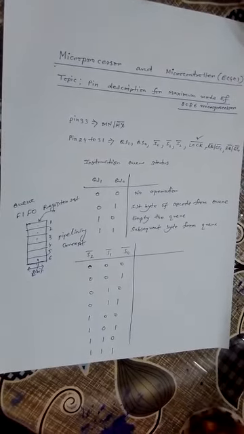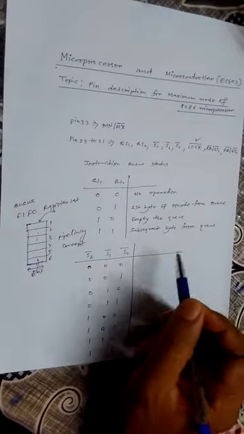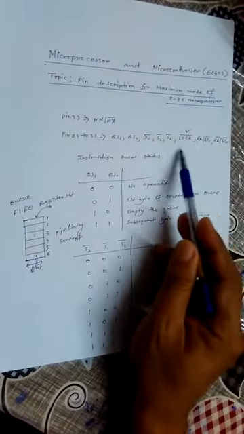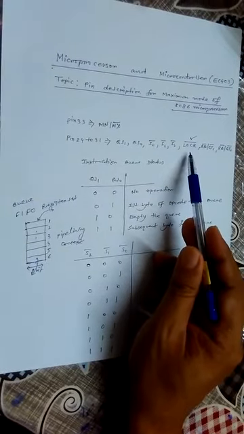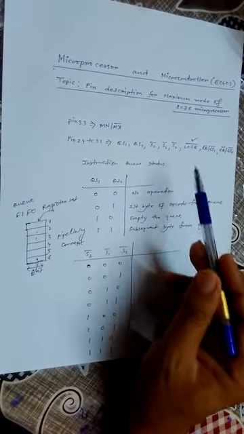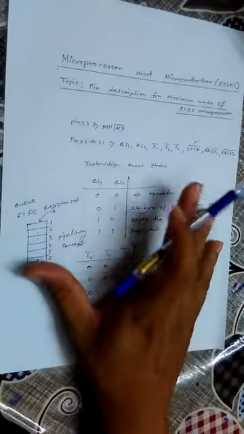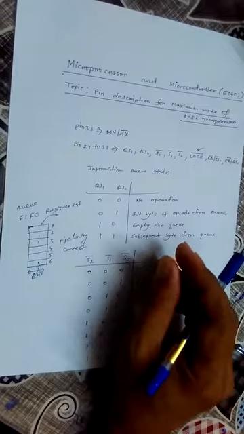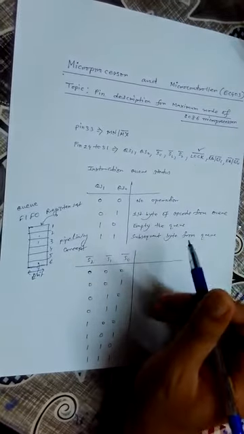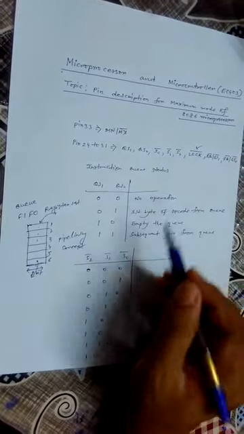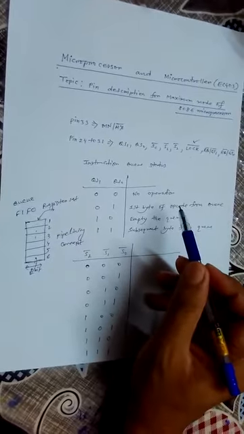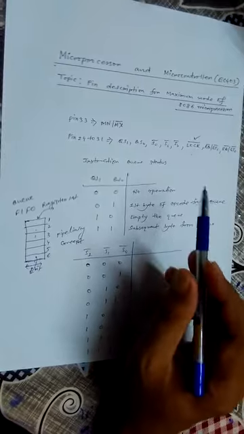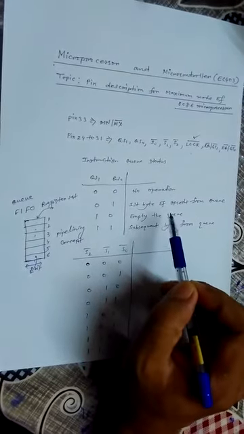What is the meaning of this? When lock bar shows the active low signal, the processor is sending this signal to other devices that it is now working on its own operation. So no other device can interrupt the 8086 microprocessor.